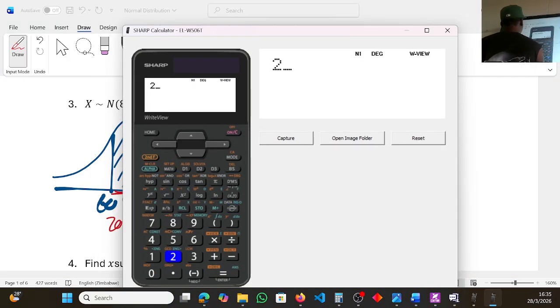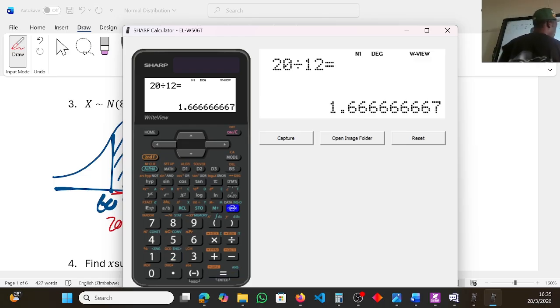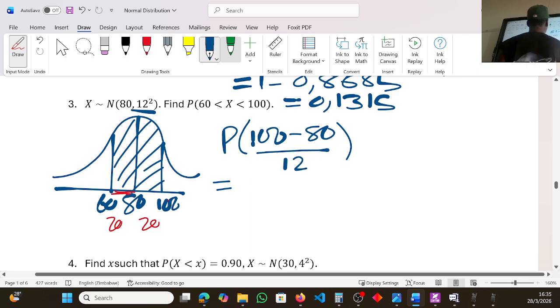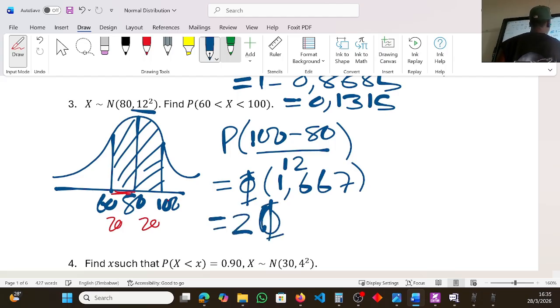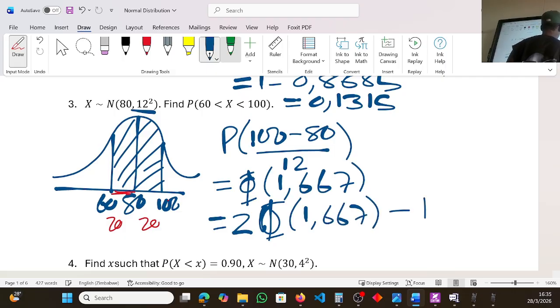So if I bring 20 divided by 12, actually it gives me 1.666, so it's 1.67. So I can come to say that this is phi of 1.667. But remember, it's symmetrical. So we are going to say twice this phi of 1.667, then we subtract everything from 1. It gives us our probability of interest.